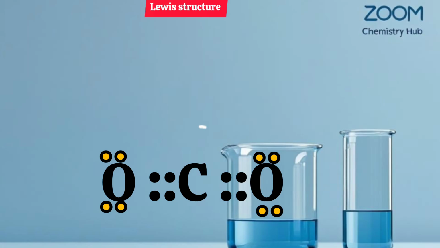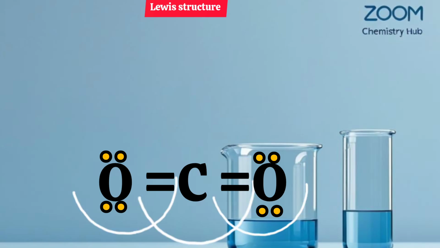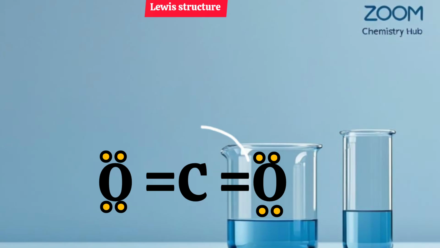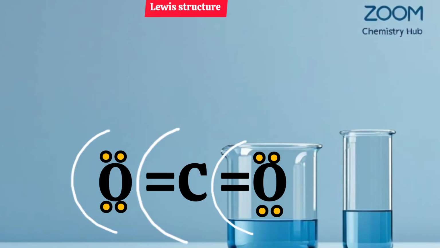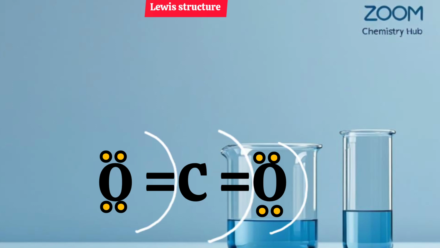And finally we check the structure, that each atom now has a full octet. Carbon has 8 electrons, forming 2 double bonds with the oxygen atoms, and each oxygen has 4 shared electrons and 4 non-bonding electrons as lone pairs on the oxygen atom to complete their octet.